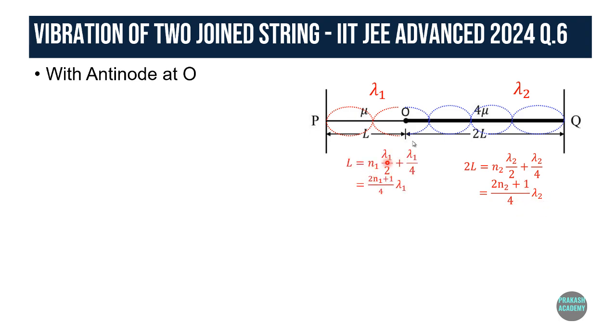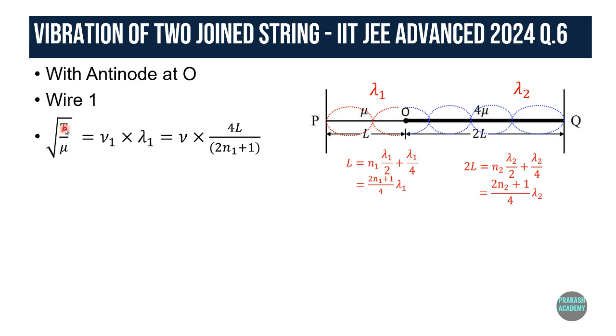Similarly, I can write for this L. L will be N1 times lambda 1 by 2, because I have N1 number of complete loops and one half loop. So this will be (2N1 plus 1) divided by 4 times lambda 1. Now I can write the velocity in wire 1.